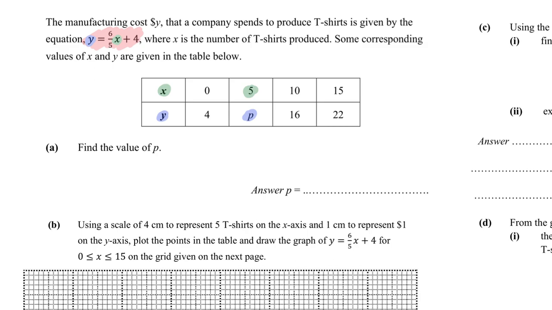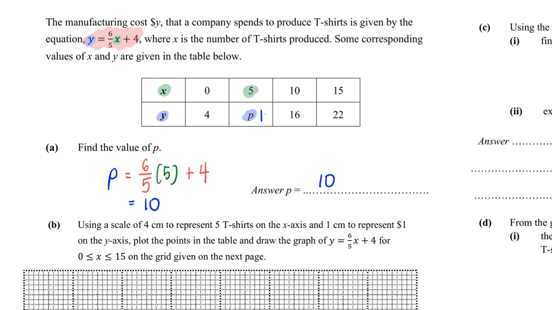So when Y is P, my X is 5. We just need to substitute into the equation provided, and that will give me the answer. So the answer would be 10.